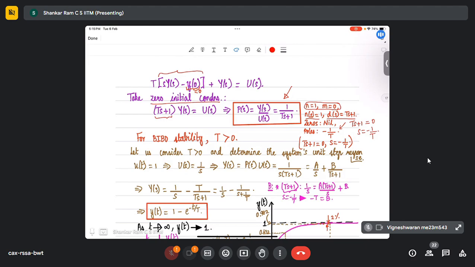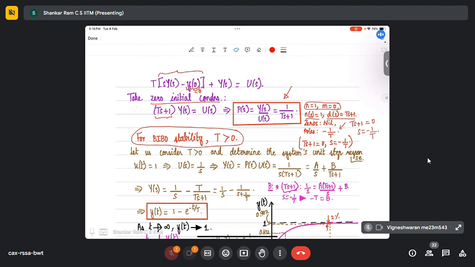Since we have only one pole, this pole must be a negative real number. So when will minus 1 by capital T be a negative real number? When capital T is greater than 0. So when capital T is greater than 0, we'll have the pole in the left of the complex plane, and consequently we will have bounded input, bounded output stability.